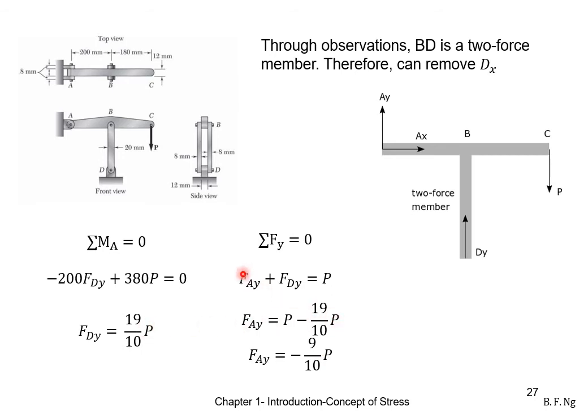We then take the summation of forces in the y direction. Ay plus Dy minus P equals 0. After some manipulation and rearranging, we arrive at Ay equals negative 9/10 P. For summation in the x direction, Ax is only present and hence Ax is equal to 0.